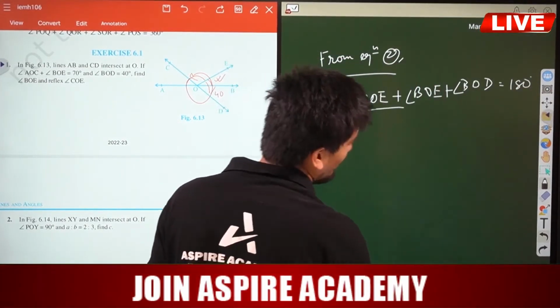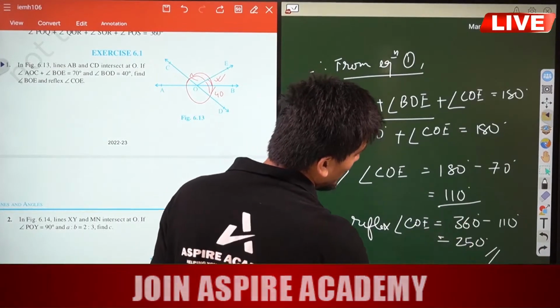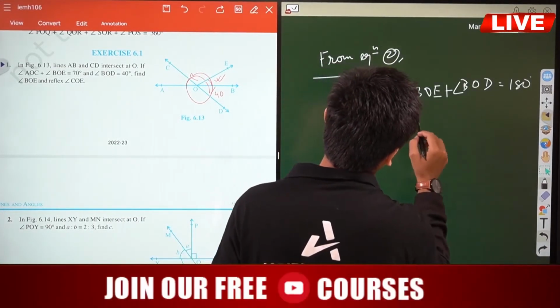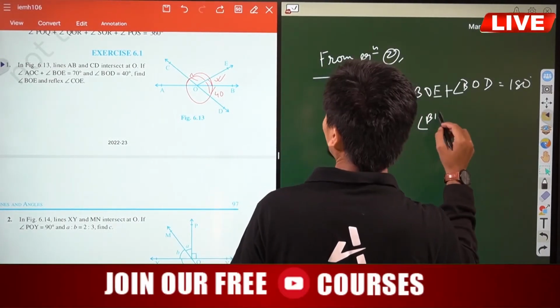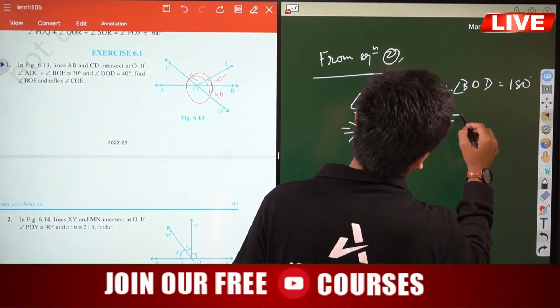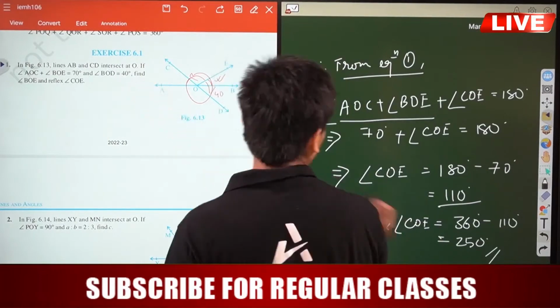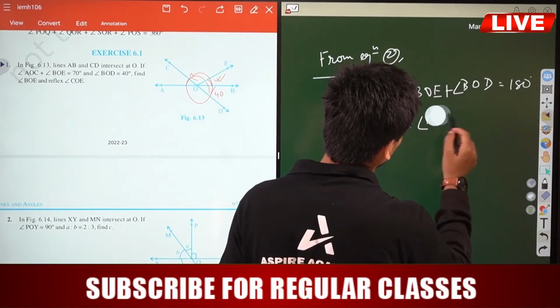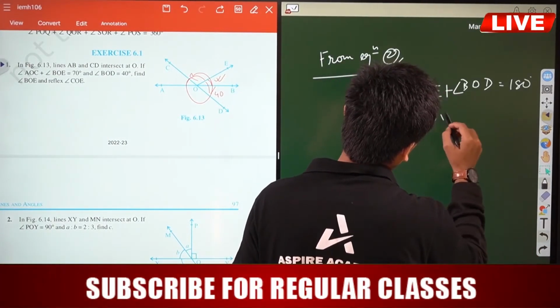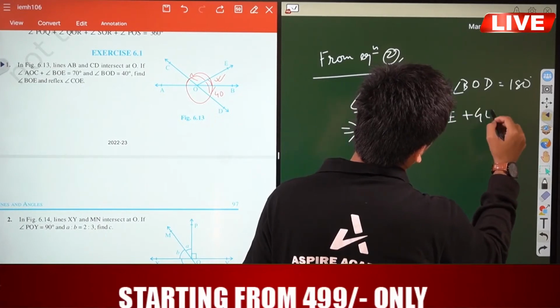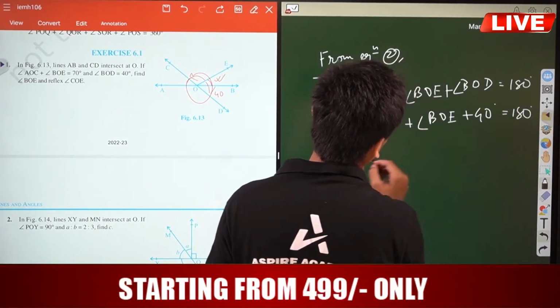Angle COE we have found as 110 degrees, plus angle BOE, plus BOD, which is given as 40 degrees, equals 180 degrees.